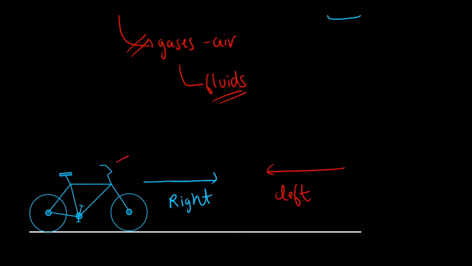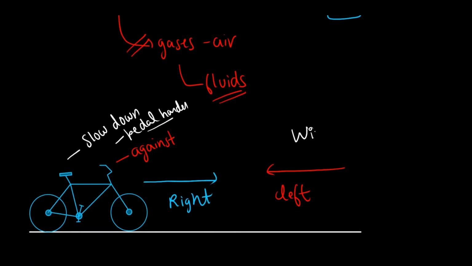So over here, you're riding your bicycle against the wind. Now when you are riding a bicycle against the wind, what do you think will happen? Well, of course, your bicycle will start to slow down, isn't it? And you will also have to pedal harder in order to reach your destination. Fine, and let's write wind over here. Great, now this is one example.